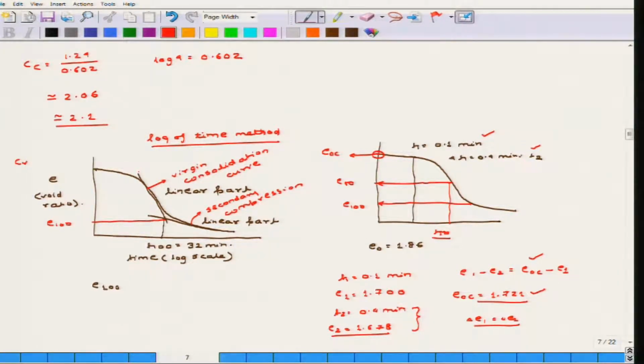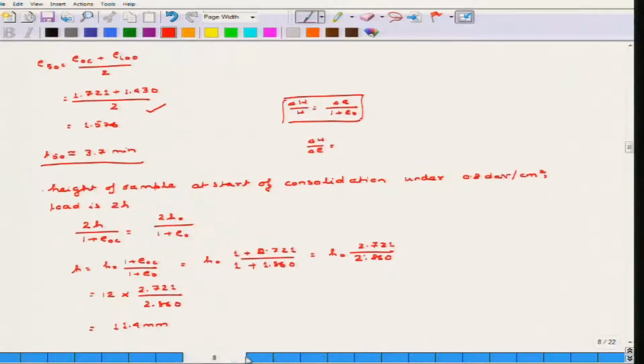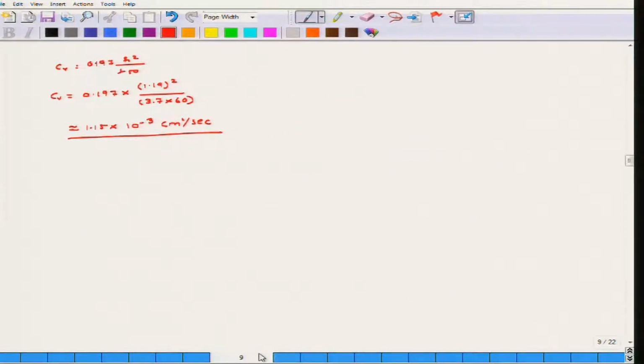Initially you find out the T100, then from there you find out the T50, and once you find out the T50, you find out the coefficient of consolidation from the T50. So in this case it comes out to be 1.15 into 10 to the minus 3 centimeter square per second, and this formula is already discussed, about how you find this coefficient 0.197, because it is found from the time factor TV for consolidation.